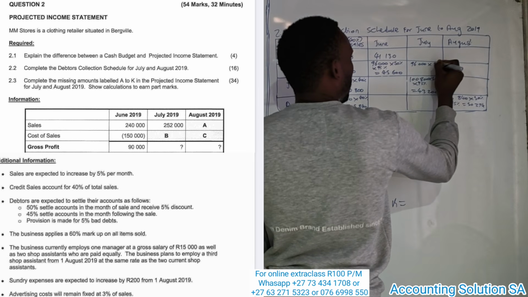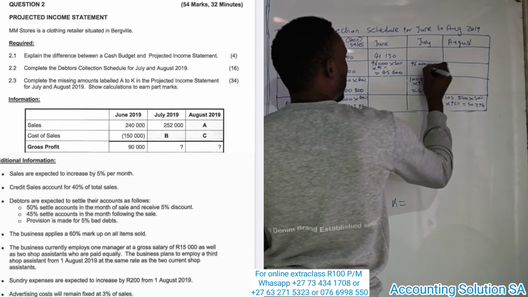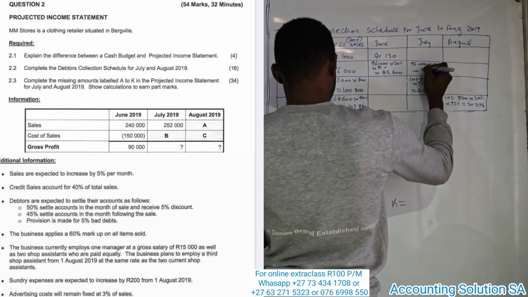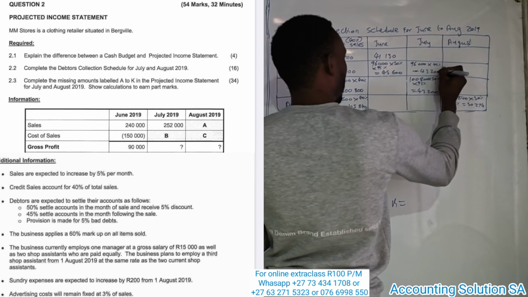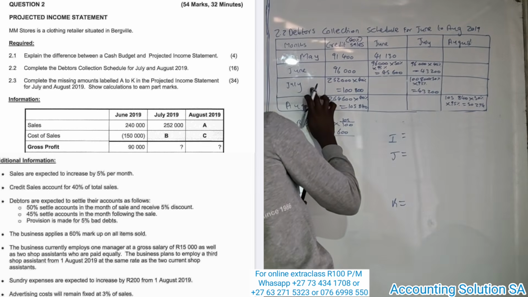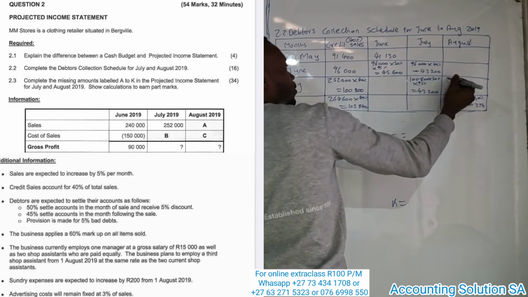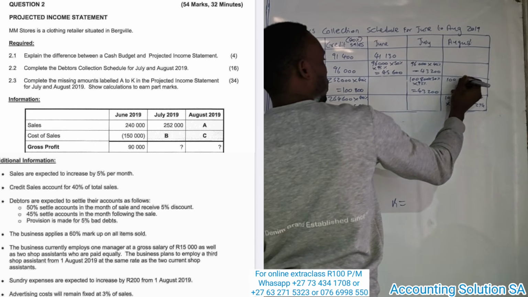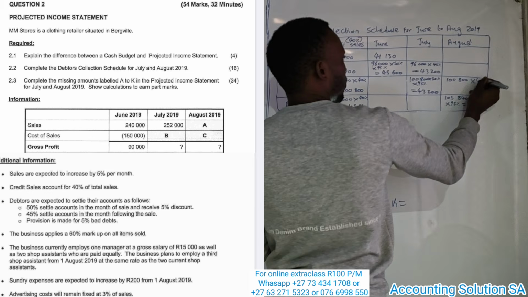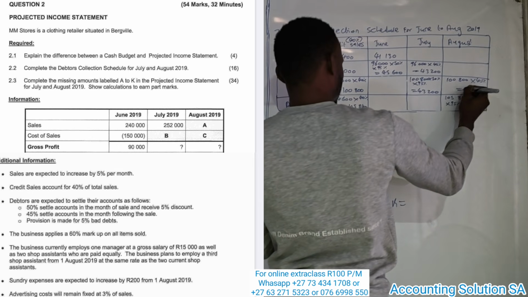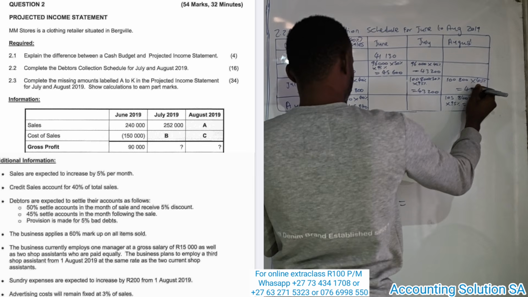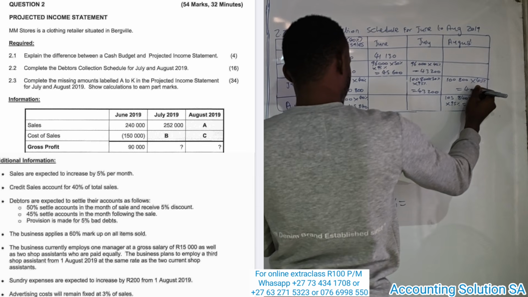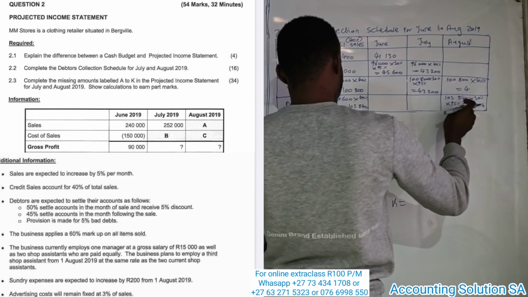multiplied by 45%, no discount here. So it's going to be 43,200. And July followed by August, the following month, it's 100,800 multiplied by 45%, which is going to give us 40... August 45.